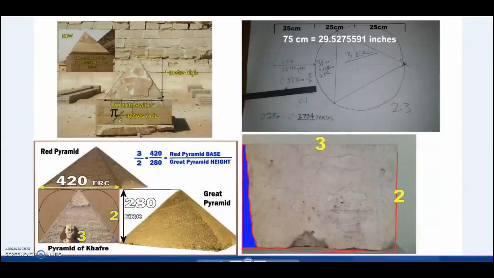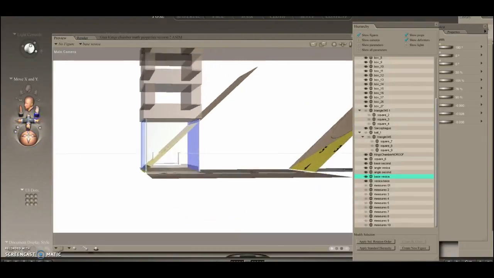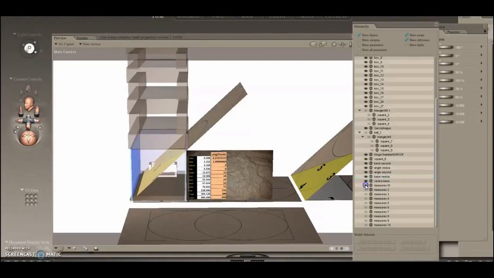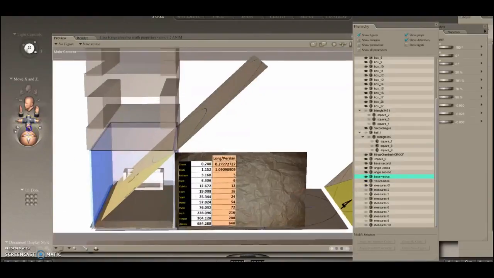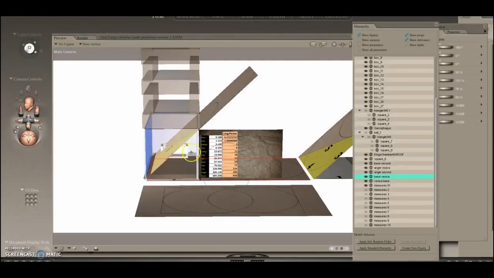And now I'd like to bring in one of the other measurement systems. So it's been suggested that this was used in Stonehenge Phase 1. This is the Persian, as it's called, but also the Longfoot. So what I mean by that, okay, so what's the height of the King's Chamber?